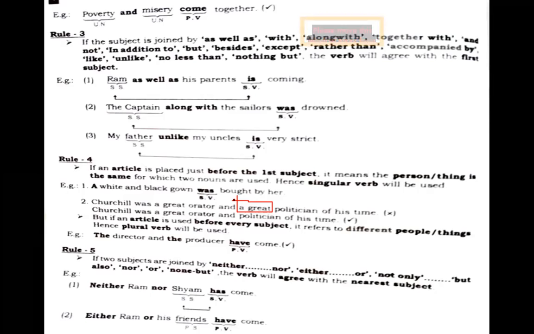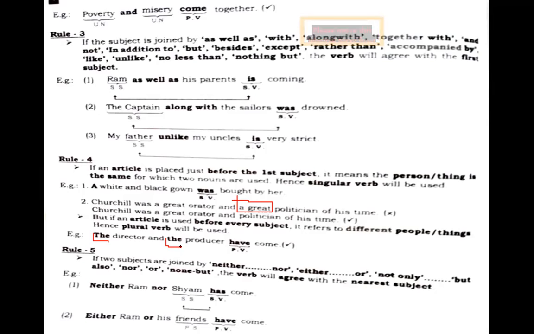The director and the producer have come. Now you see, this "the" is used before director and this "the" is used before producer. That means these are two different people. One is the director and the second one is the producer. If "the" is used only before one, that means there is only one person who is director as well as producer.